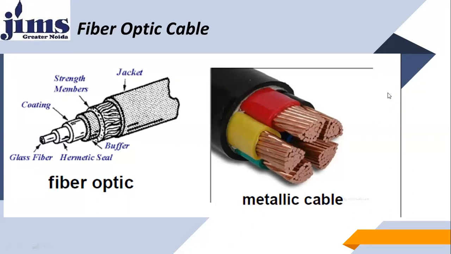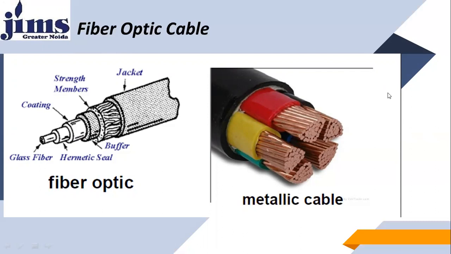Now, as far as fiber optic cable is concerned, if you look at this diagram of optical cable, we also compare this fiber optic cable with metallic cables, where copper wires are used to form a metallic cable. But in fiber, we use plastic wires or plastic plus glass wires to form a fiber optic cable.